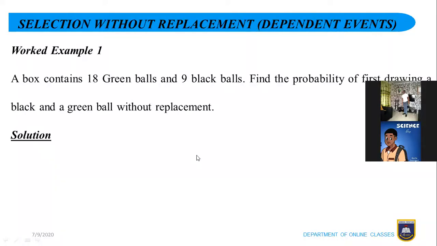We are finding the probability of drawing first a black ball. So in this case, let's see what we have to do. We know the number of black balls equal to 9. The number of green balls equal to 18. So the total number of balls will be 18 plus 9, and that gives you 27.